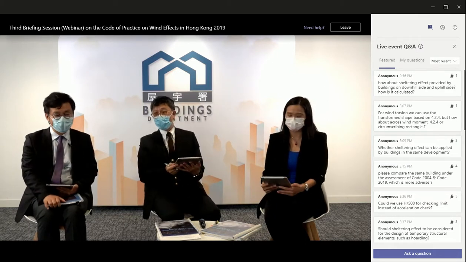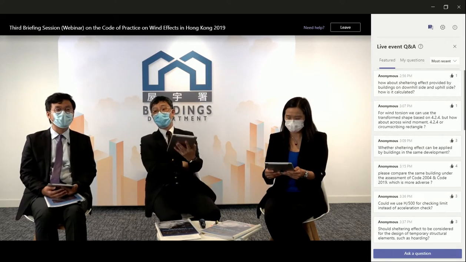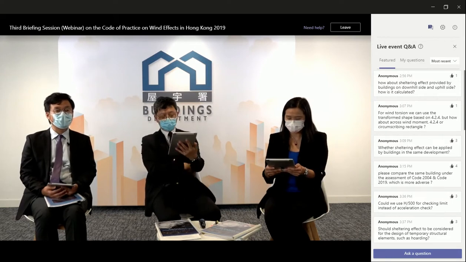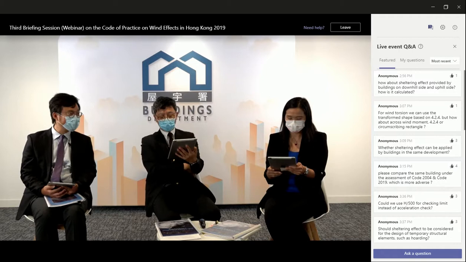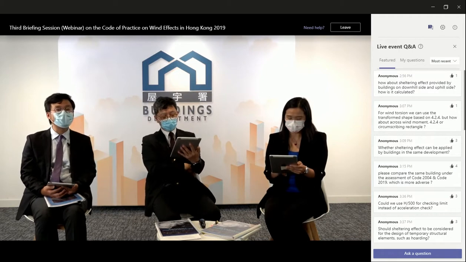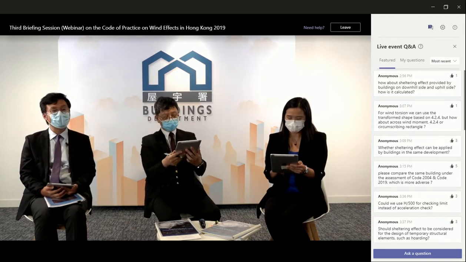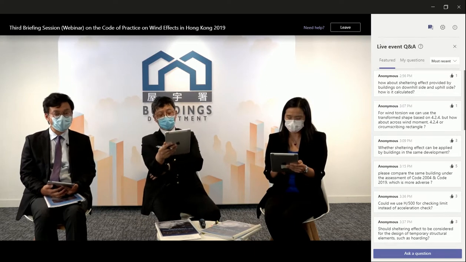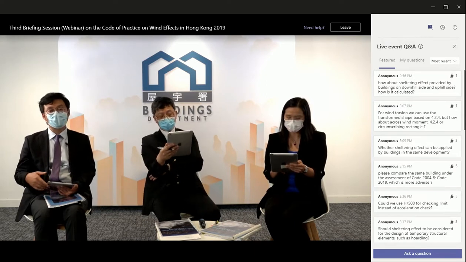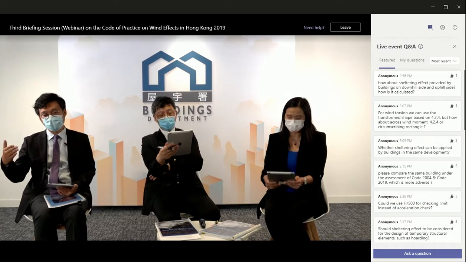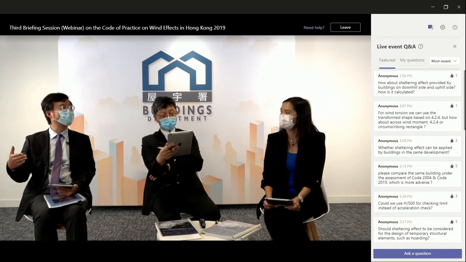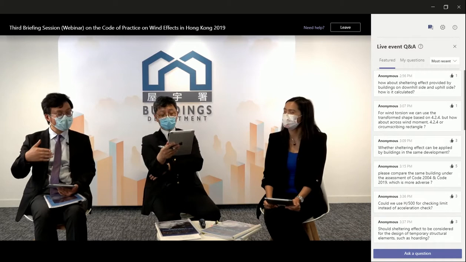Yeah. Following what Alexis introduced, together with the BD and under the requirement of BD, a very comprehensive parametric study has already been conducted. That includes the different aspect ratios and also the sheltering conditions, whether it is on the seaside, in the suburban area, or in a very dense urban center.